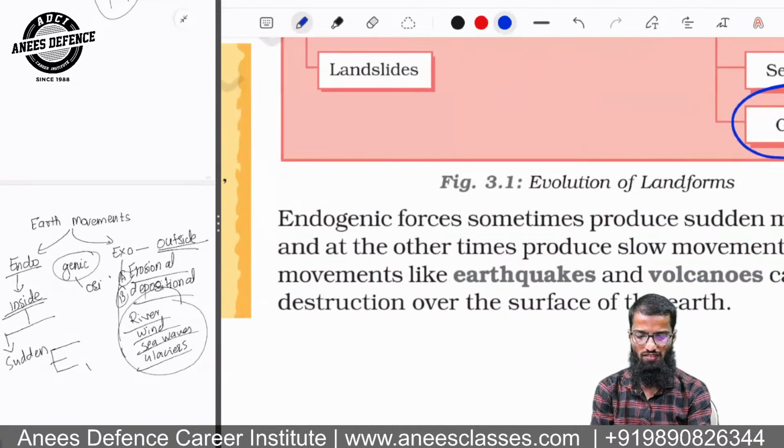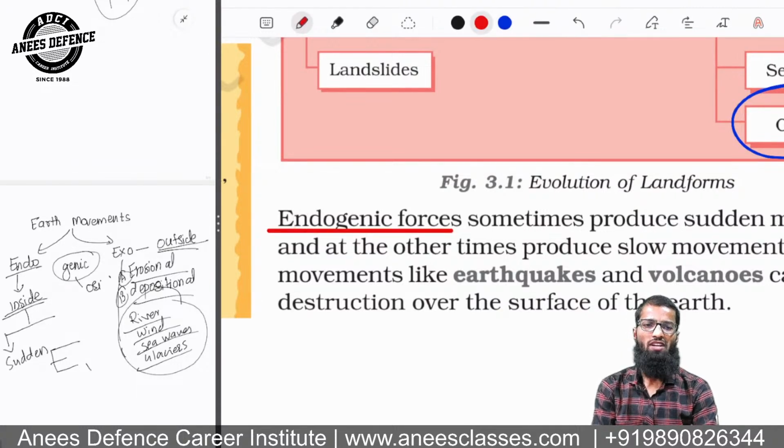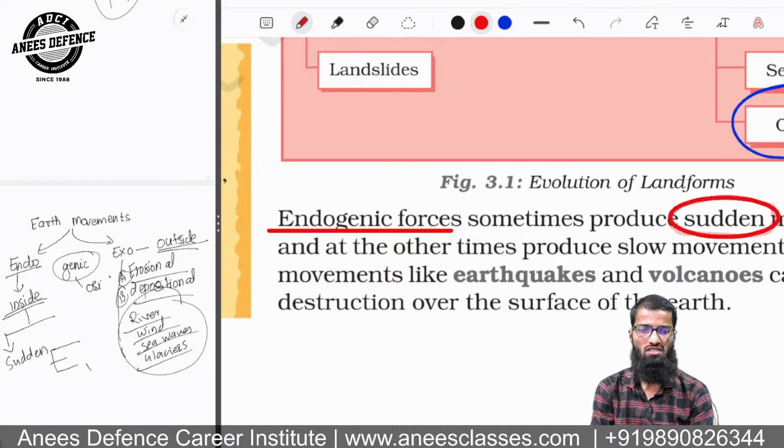Now, starting with our endogenic forces. Endogenic forces sometimes produce sudden movements, and at other times produce slow movements also. Sudden movements like earthquakes and volcanoes cause mass destruction over the surface of the earth. You have seen that a lot of destruction has happened recently in, let us say, Turkey.